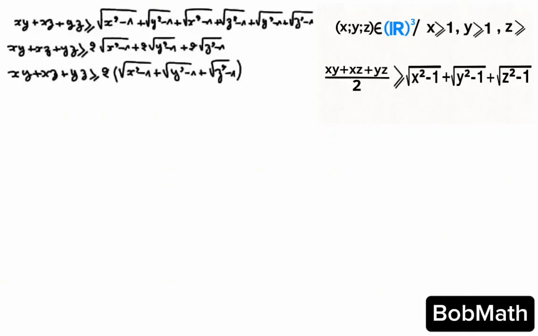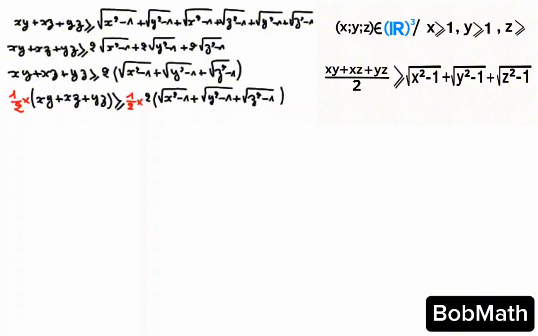Now we multiply this inequality by the number 1 divided by 2. So we get 1 divided by 2 times (xy plus xz plus yz) is greater than or equal to 1 divided by 2 times 2 times (the square root of x² minus 1 plus the square root of y² minus 1 plus the square root of z² minus 1), and therefore (xy plus xz plus yz) divided by 2 is greater than or equal to.